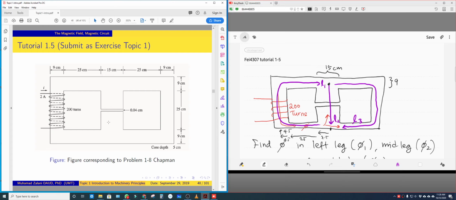So 15 darab 5 juga, 75 cm square ataupun 0.0075 meter square. Cumanya bahagian yang ni, cross sectional area ada dua, satu bahagian yang core, satu bahagian yang air gap.